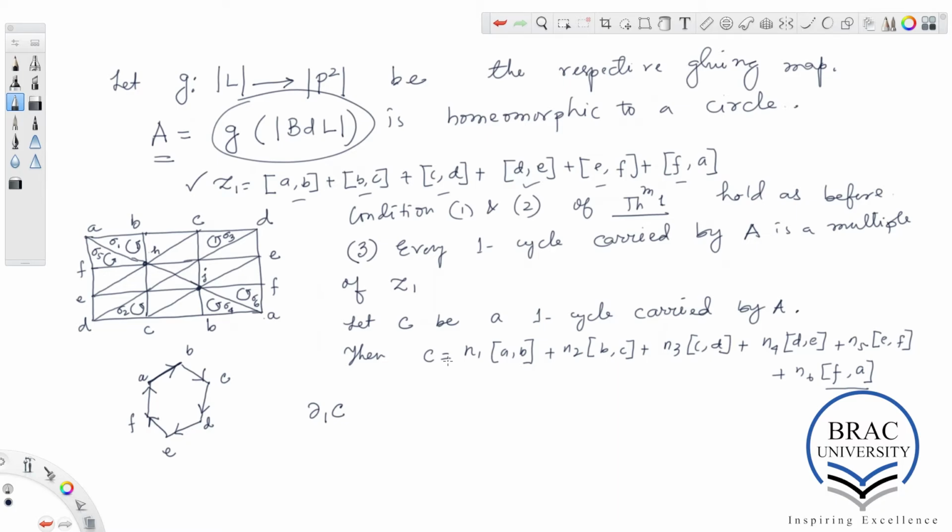This should be a zero chain, right? And this zero chain is supposed to be identically 0, since C is a one cycle.